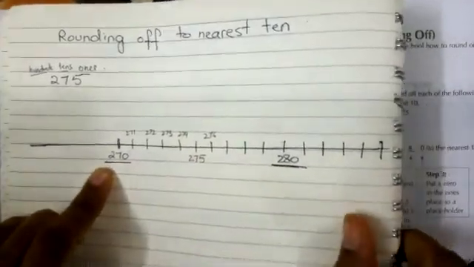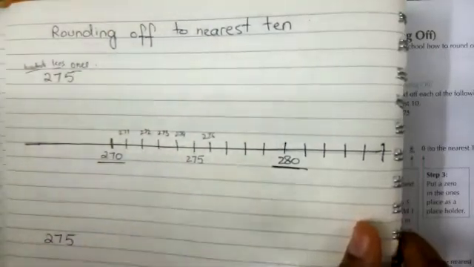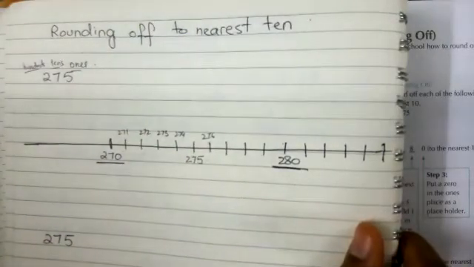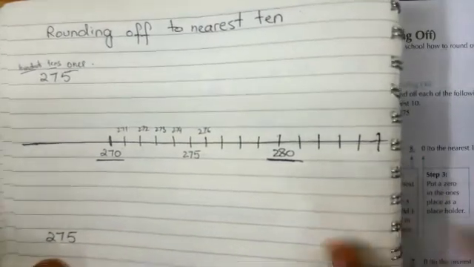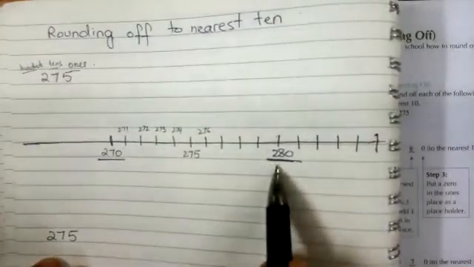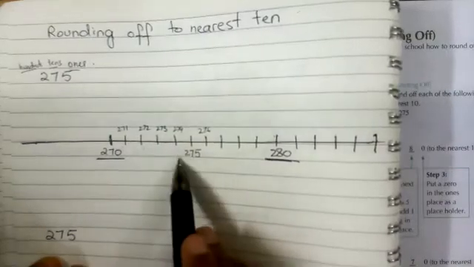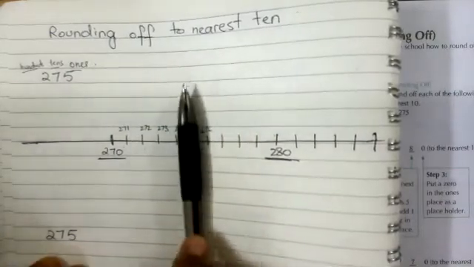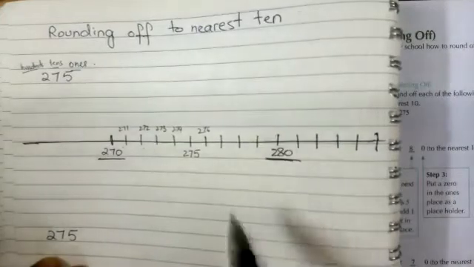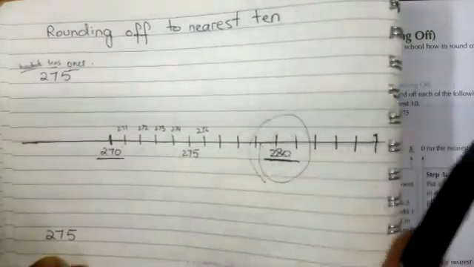So by convention, what is a convention? It is a rule that is followed universally by scientists or everybody. By convention, we choose the 10 which is after the number. If the number is exactly midway between the two tens, then we choose the bigger 10. This is by convention.